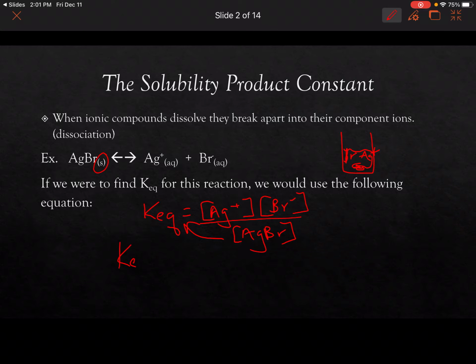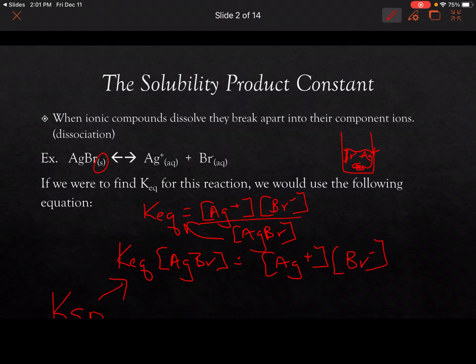So we're going to end up with KEQ multiplied by this, and then that's going to be equal to the two ions here. Now, KEQ multiplied by the solid concentration of AgBr is where we get our KSP from. Sorry, I cut off there.